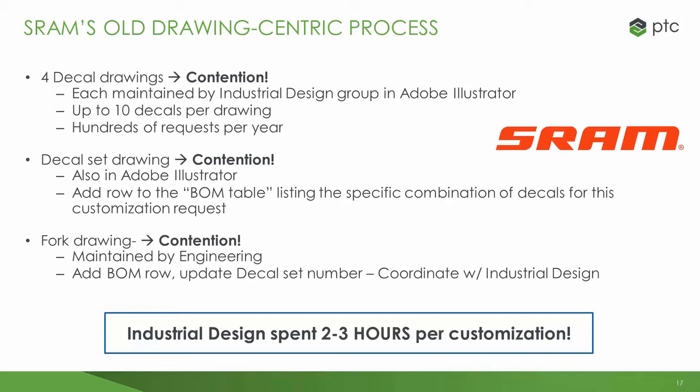SRAM would receive many orders from customers for a custom decal. In this drawing-centric process, they had to update and revise the drawings to add the decal kits, and then go through a change process to reissue the drawings, potentially hundreds of times. Each time, users have to wait for the drawings to continue the process.